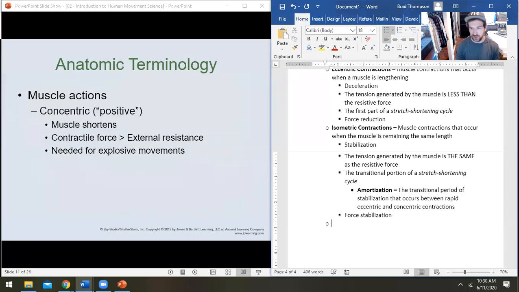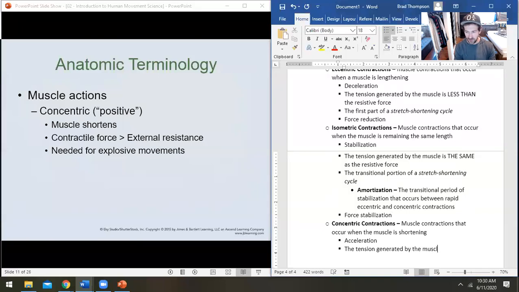And then we have the concentric contraction, which is sort of the easy one that everybody always thinks of. Concentric contractions are muscle contractions that occur when the muscle is shortening. So this is acceleration. This is when the tension generated by the muscle is greater than the resistive force.